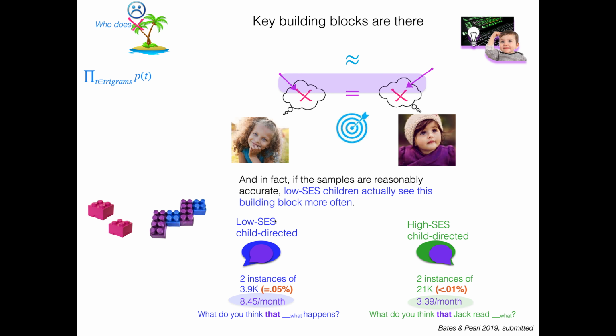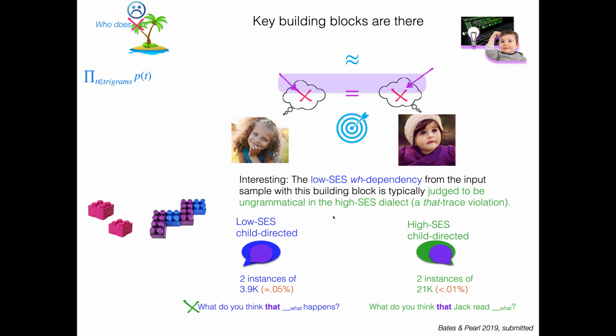And in fact, if the samples are reasonably accurate, something that's kind of cool is that lower SES children actually would see this building block more often, right? Again, if we can trust these samples, which is what we have to work with. So that's in some sense a higher quality aspect of that input for learning about these syntactic islands. And what's interesting, in particular, is that the low SES WH dependencies from our samples, these 2 instances of CP that, actually came from the same type of dependency spoken by different speakers, which is this one.